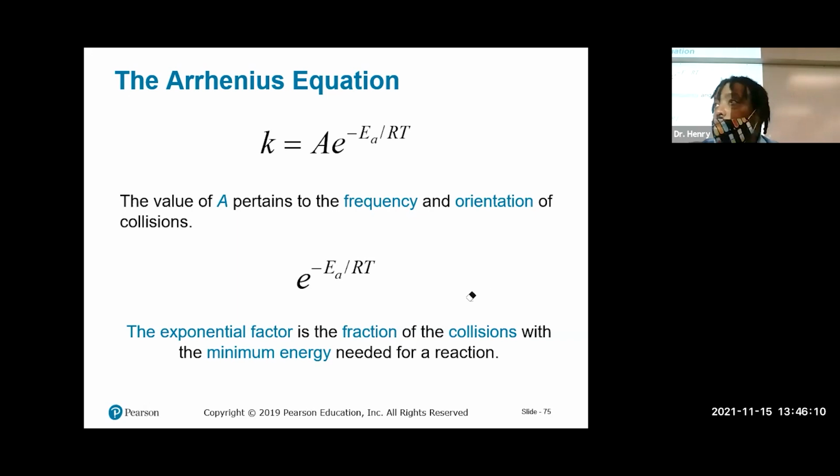I'm going to have to apologize for the next components of our reaction because it screws up the next equation. Okay, and A is going to be based upon the frequency and the orientation of collisions, so it's like a collision factor.